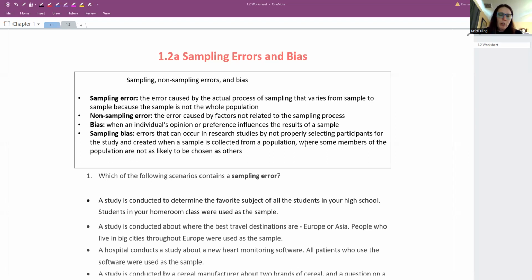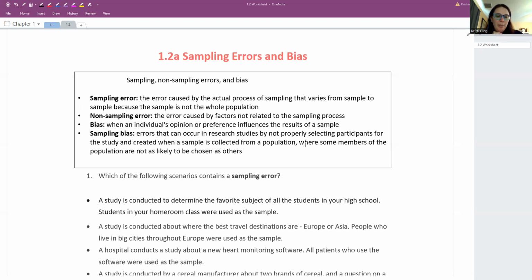You would look at the whole population, but typically we look at a sample. And no matter how well you plan your sample, it'll never literally equal the population. So errors naturally occur, and that's called a sampling error.